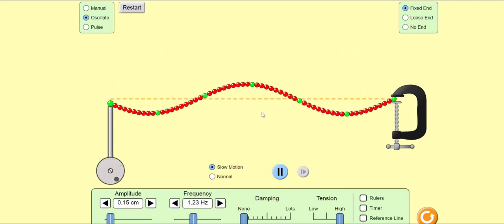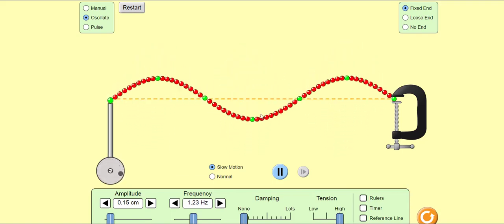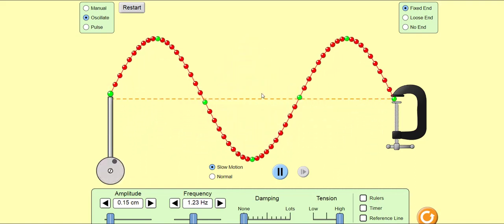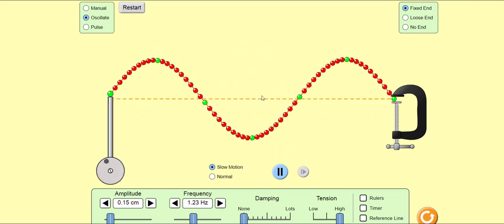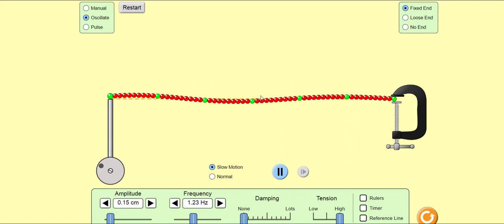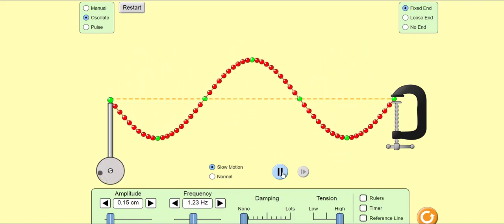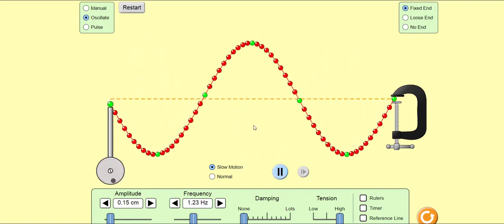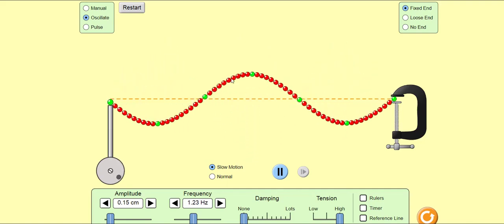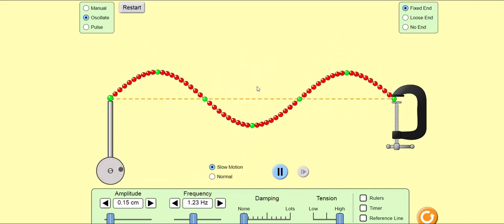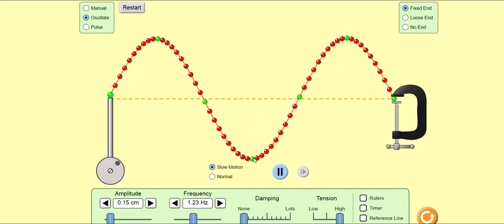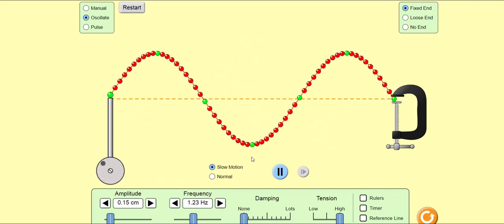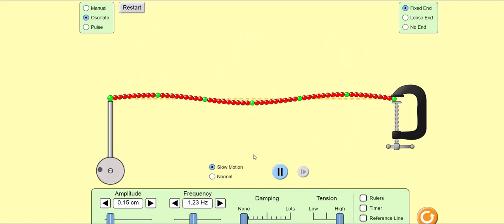Another way to think of this is that frequency is related to the time period. Recall that frequency equals 1 over the time period, and the time period is the time that it takes for one complete cycle or oscillation to be completed. And if you look at these particles here in this loop between these two nodes, even though this red particle here has a different amplitude from the green particle at the antinode, the time it takes for either of these particles to perform one complete oscillation or cycle is the same.